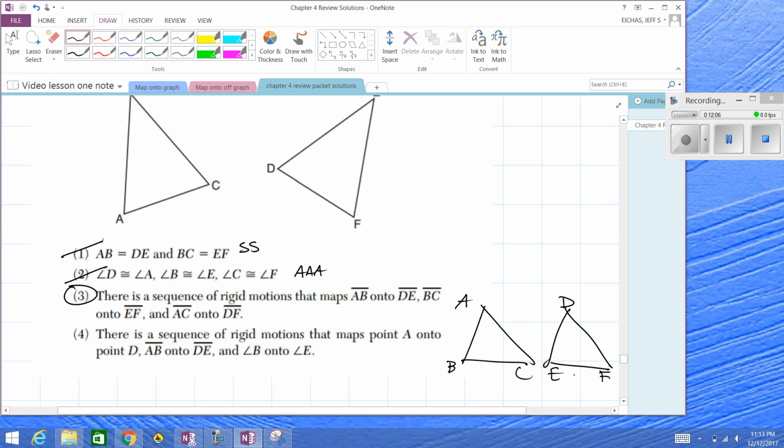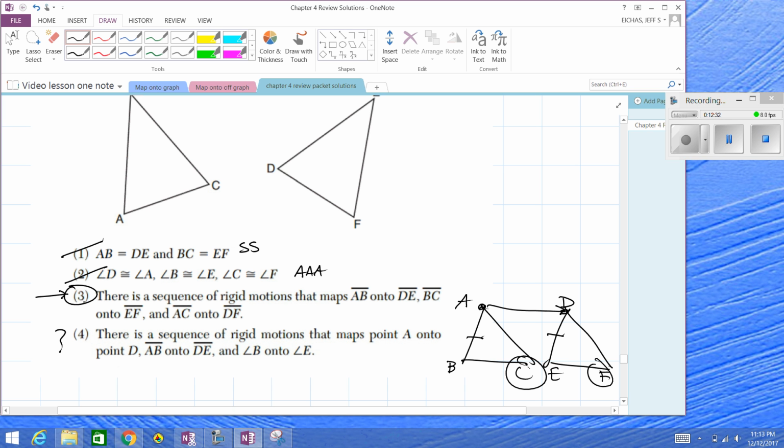So if we make sure point A hits point D, that's great. Okay, we can map onto that, right? AB onto DE. Angle B onto angle E. The whole angle. The only thing we aren't certain of is that location of C to F. So I'm not sure that we can get this one.